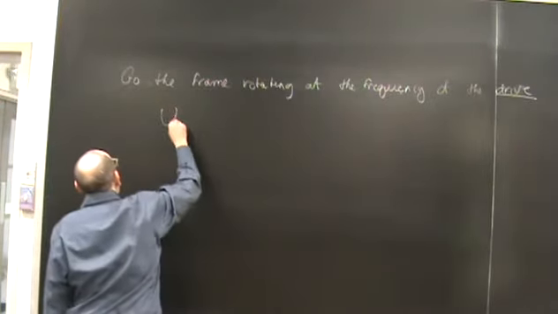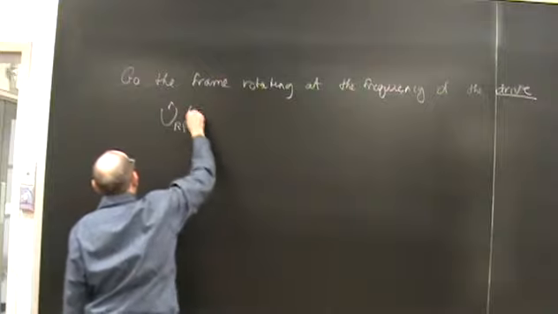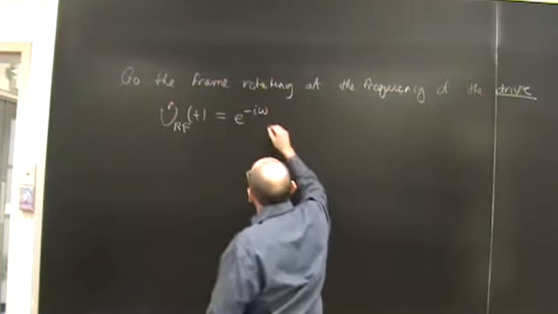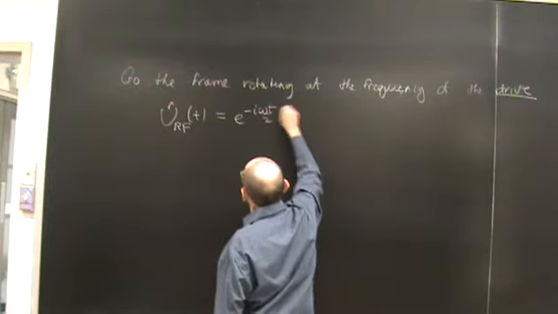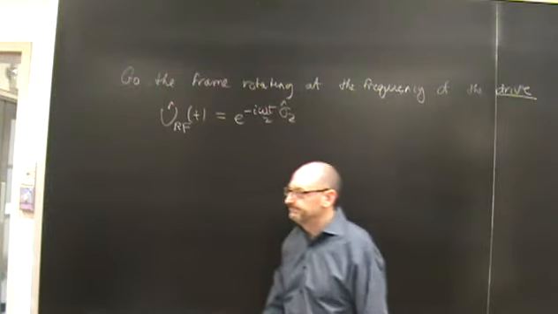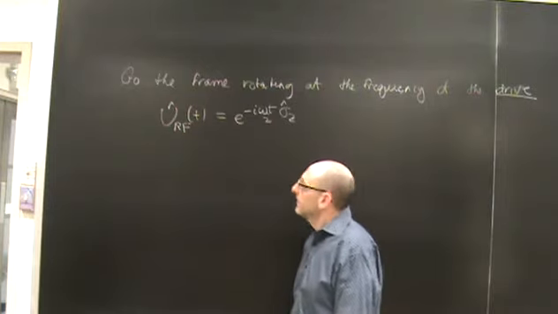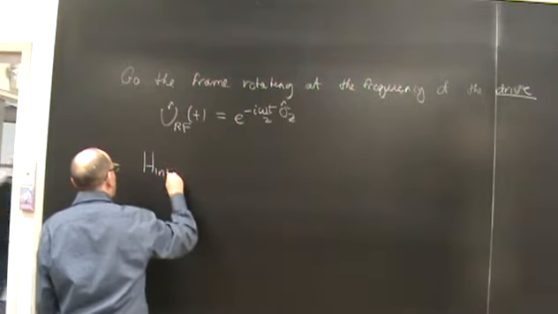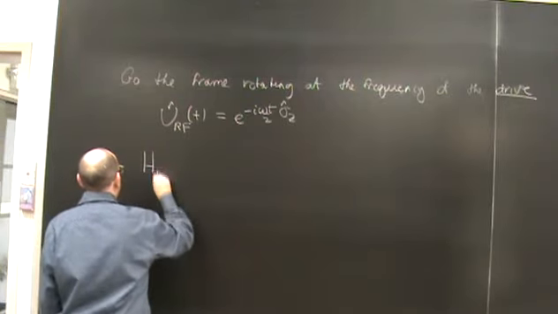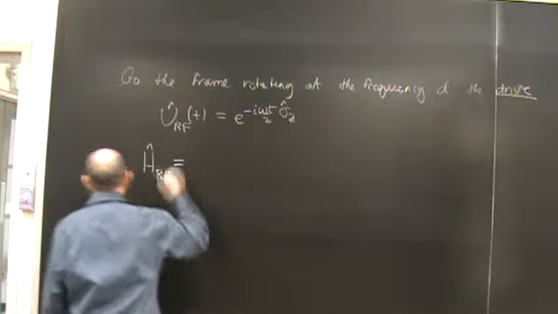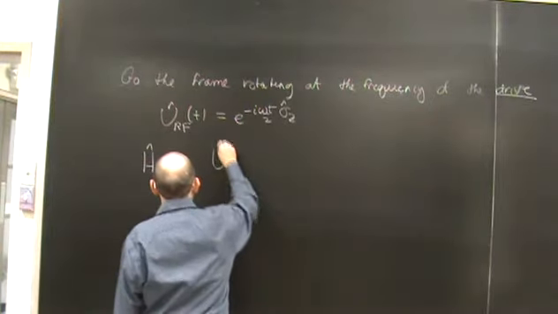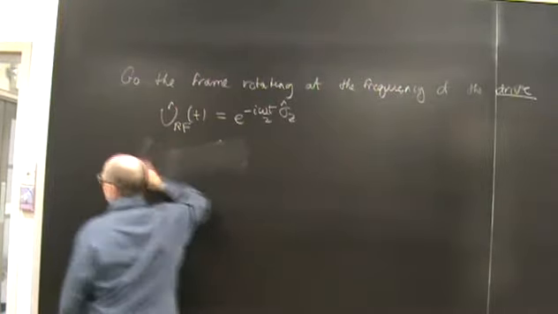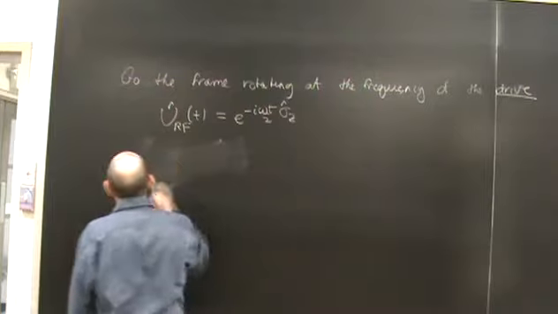So I'll define a U rotating frame, which is just like we had before, but now instead of omega naught, it's omega. Okay? And now my interaction Hamiltonian in the rotating frame, I'll call it HRF for reasons that will be clear in a moment.